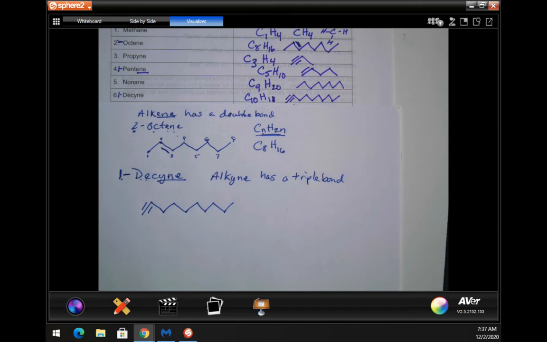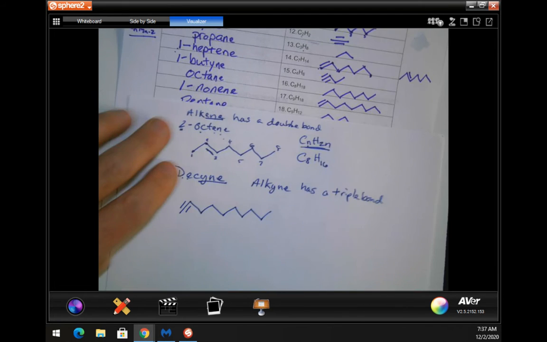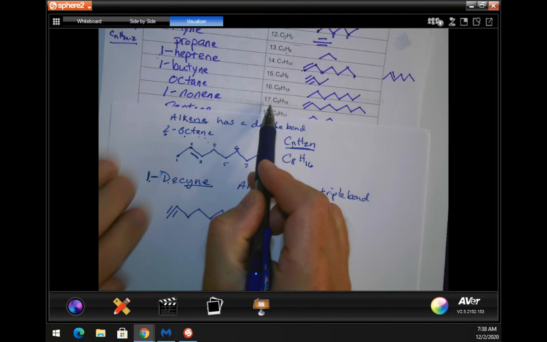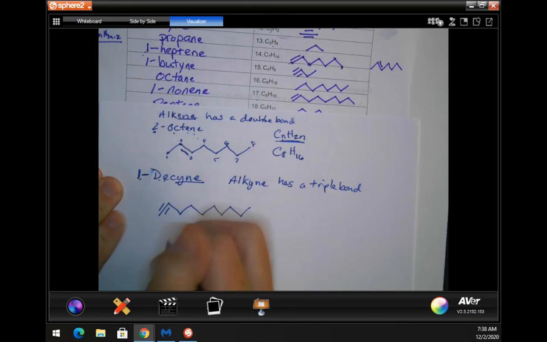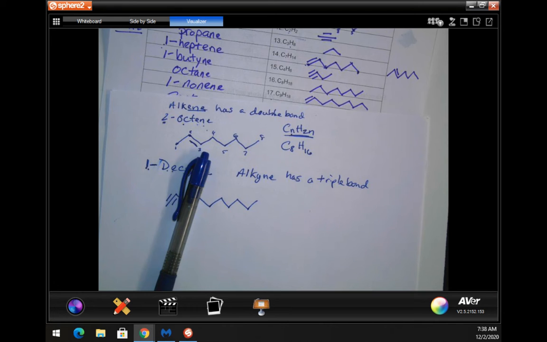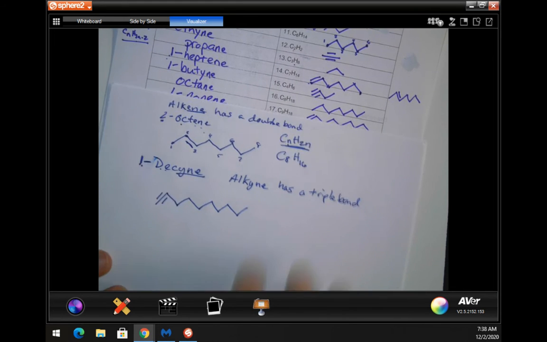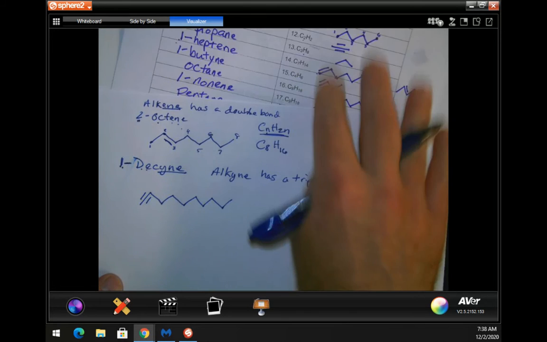So again, if I do it backwards, down here, let's do number 17. We're given the chemical formula, and now we're going to have to draw it and also name it.